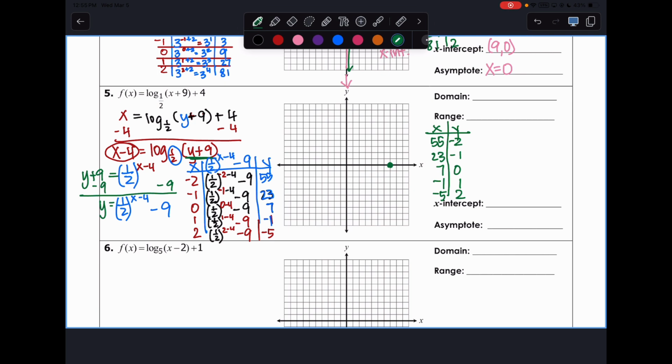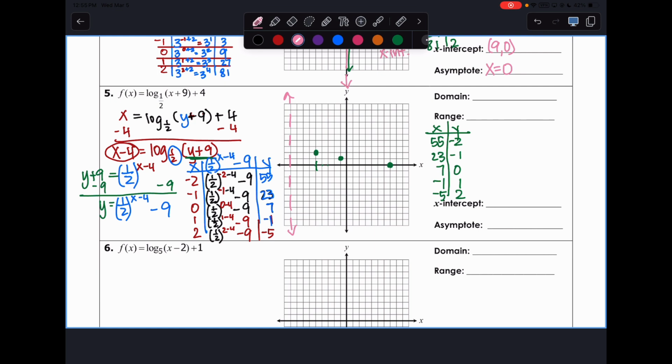So negative 1, 1. Negative 5, 2. And we already know this is where my asymptote is supposed to be. If you don't, what should we do to figure out how close we get?